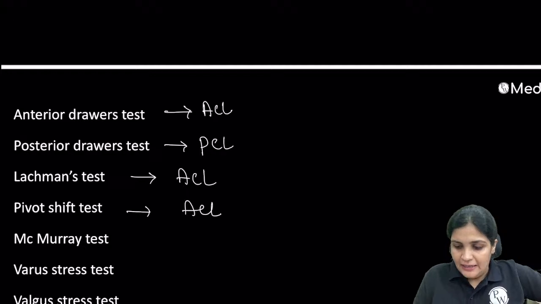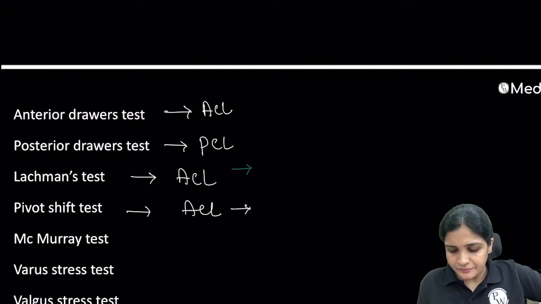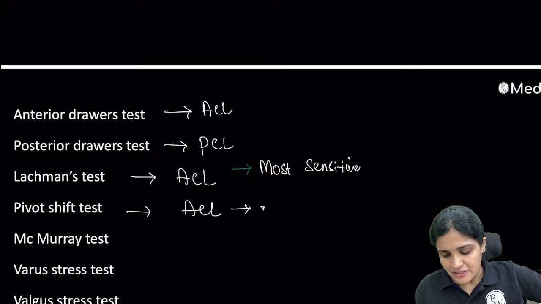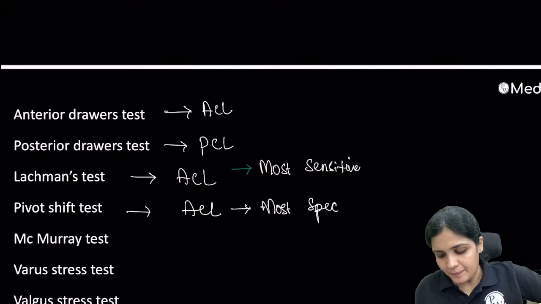Lachman's, ACL. Pivot shift, ACL. For ACL, the most sensitive test is Lachman's. The most specific test is pivot shift, and this is usually done under anesthesia.